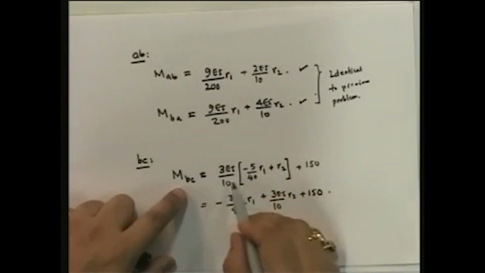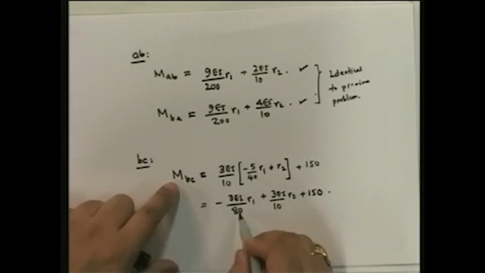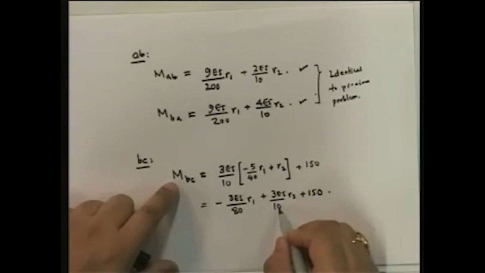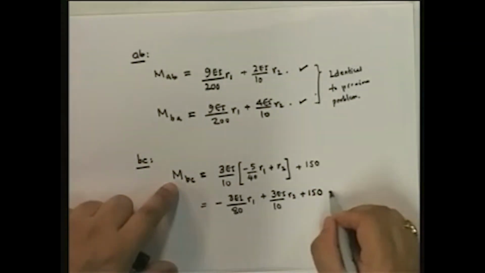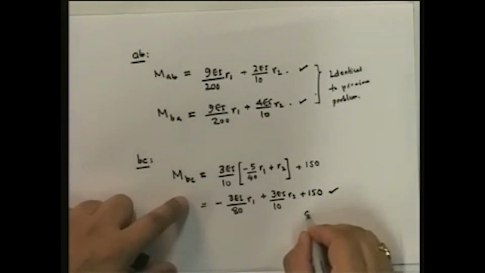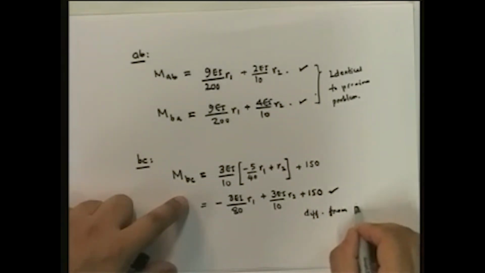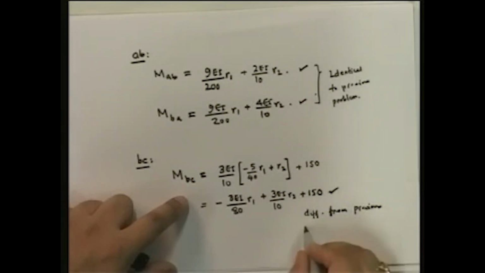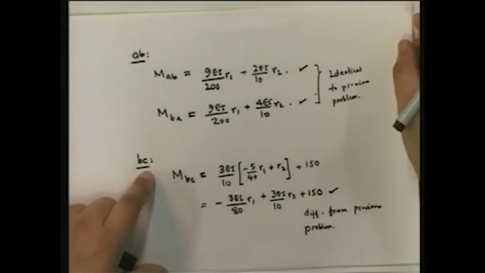If I substitute that and rewrite it, I get MBC is equal to minus 3 EI by 80 R1 plus 3 EI by 10 R2 plus 150. Note that this relationship is different from the previous problem. Why? Because BC in the previous problem was a fixed member, whereas in this problem it has become a modified fixed hinge member.